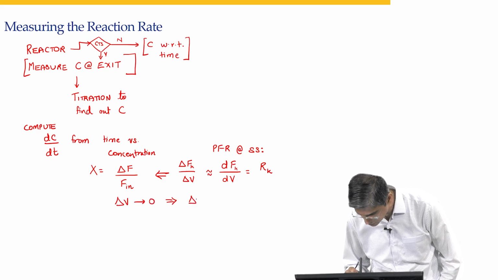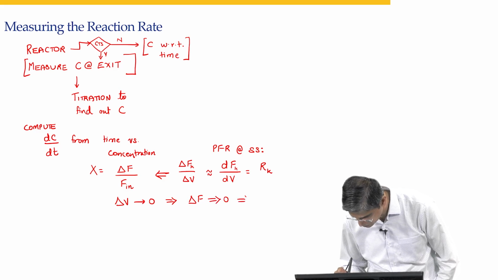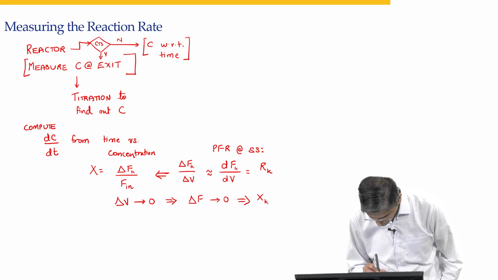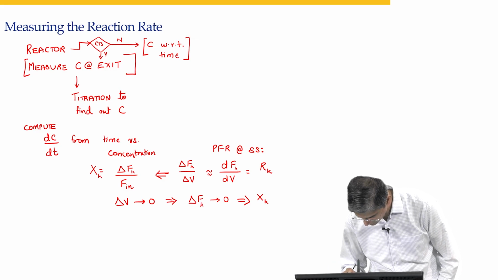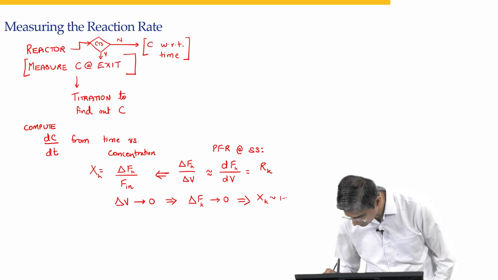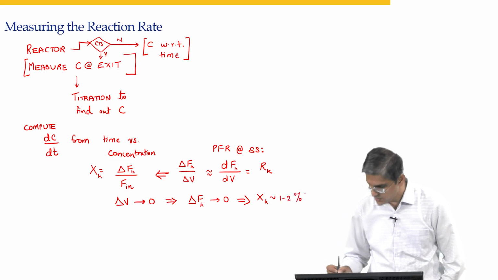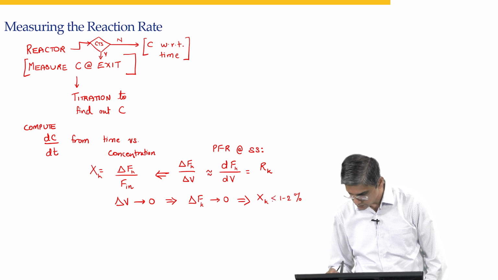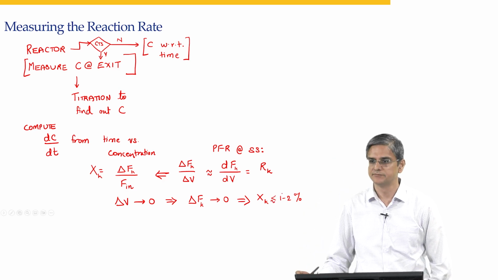So, delta V tends to 0 implies delta F tends to 0, which implies conversion is of the order of 1 to 2%.